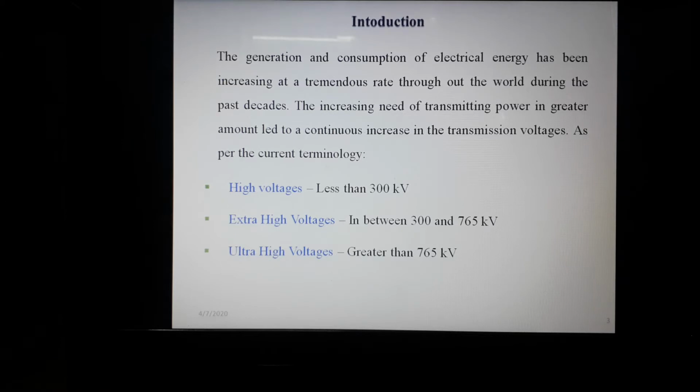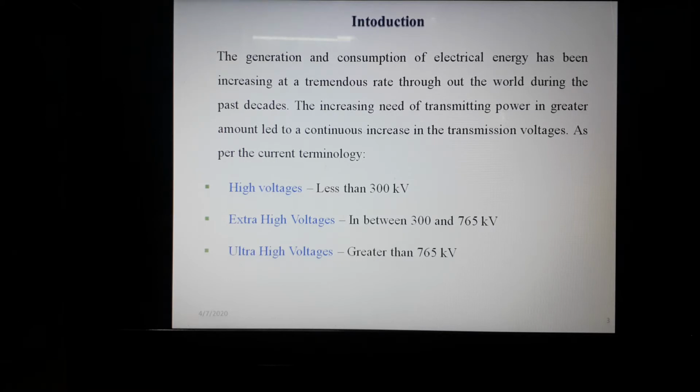The generation and consumption of electrical energy has increased at a tremendous rate throughout the world during the past few decades, and this increases the need for higher amounts of power transmission over long distances. So we have to increase the voltage levels for power transmission.